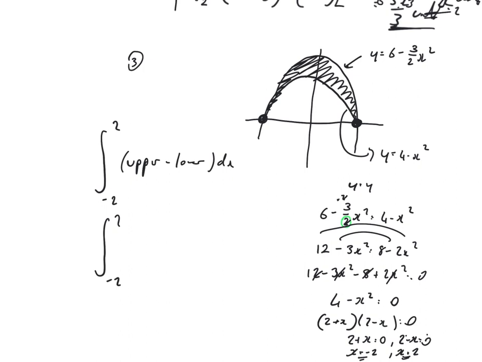Okay, so the upper function, let's go into the middle and travel up. Okay, so that is the upper function. 6 minus 3 over 2x squared minus the lower function, which then is this one, 4 minus x squared.